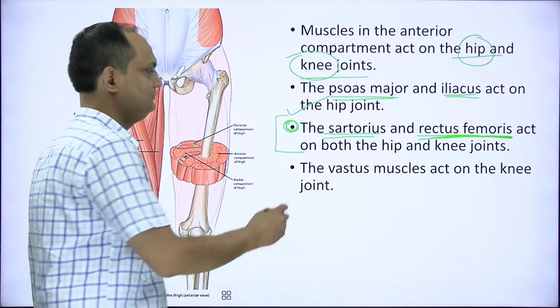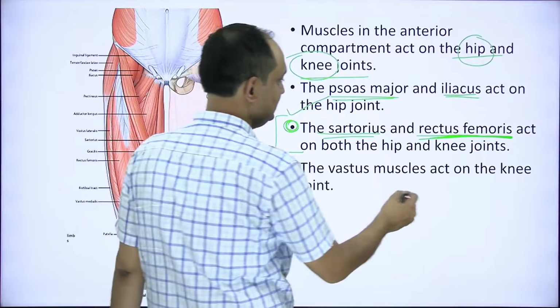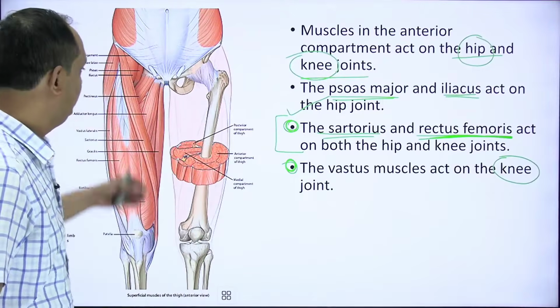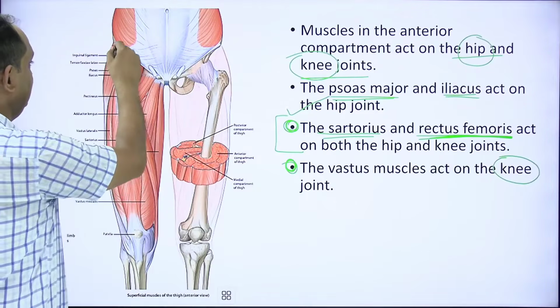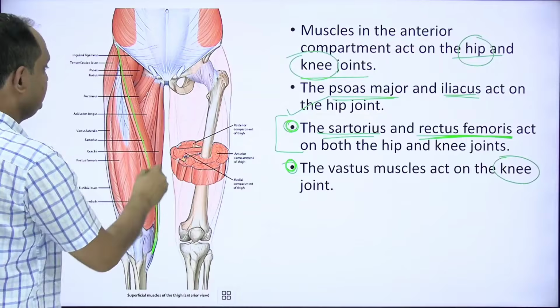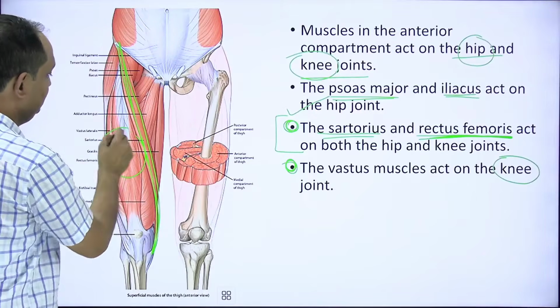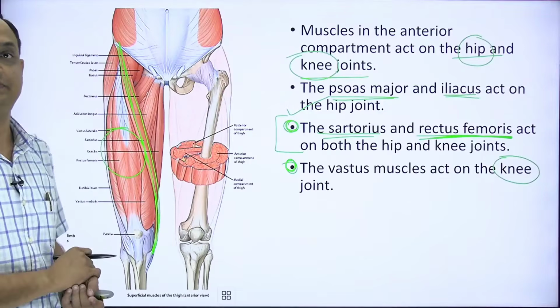Now the Vastus muscles, which are the remaining components of the quadriceps, cross only the knee joint, so they act only on the knee joint. When you see the arrangement of the muscles in the front of thigh, you have a long strap muscle, the Sartorius, and apart from that the main anterior compartment is formed by the Quadriceps femoris.